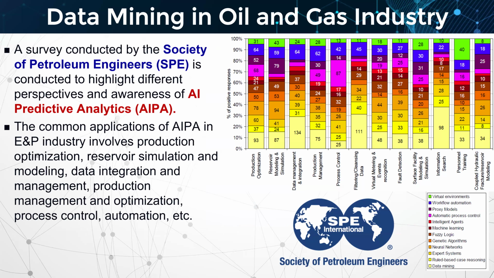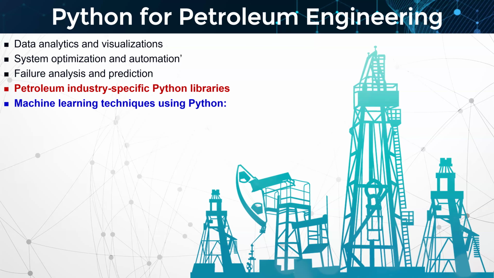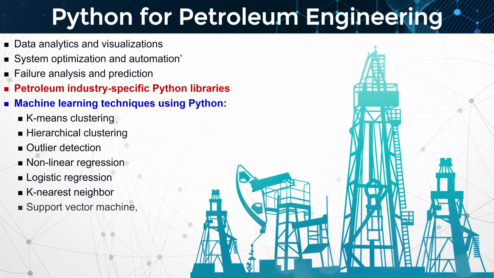So Python for petroleum engineering, we have different applications like data analytics, visualization, system optimization and automation, failure analysis and prediction, and also we have Python petroleum industry specific libraries. We will highlight some of them in the next few slides, and we have different machine learning techniques. Will highlight them shortly, like k-means clustering, non-linear regression, support vector machines, decision trees, and so on.